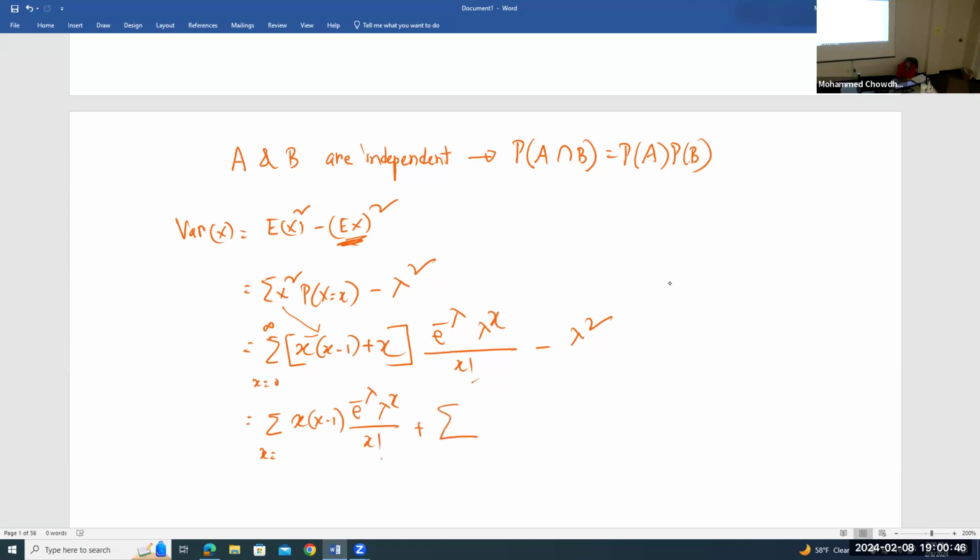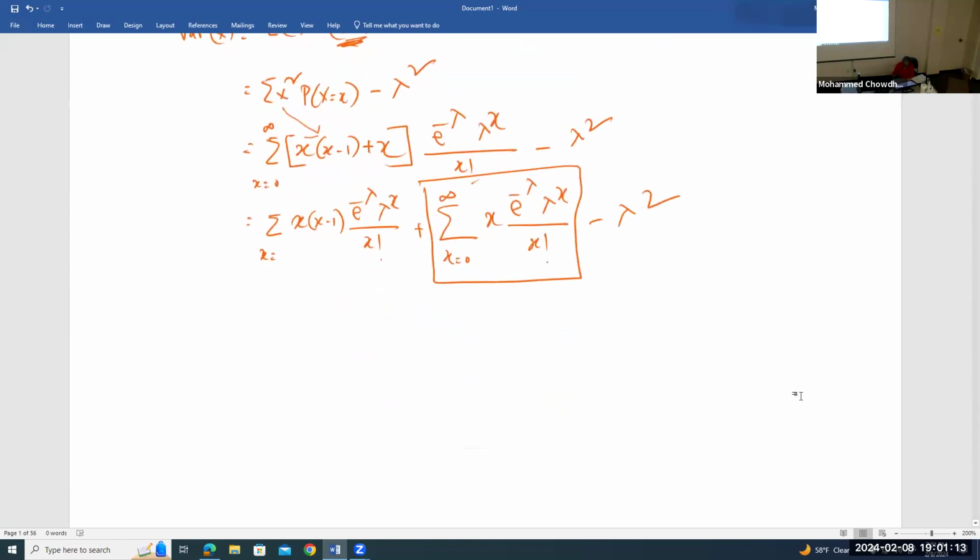And then I want to do these things, sum over x equal to 0 to infinity, x e to the power minus lambda, lambda to the power x over factorial x, minus lambda square. Can any one of you tell me what this last portion is? This is just lambda, right? This is just the mean, right? X times that.